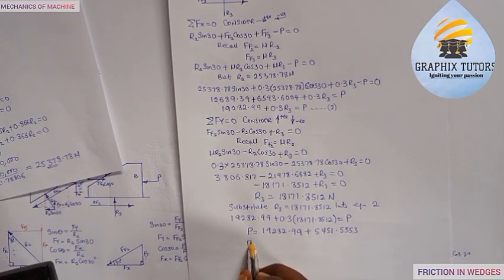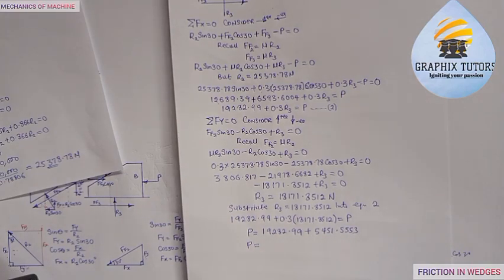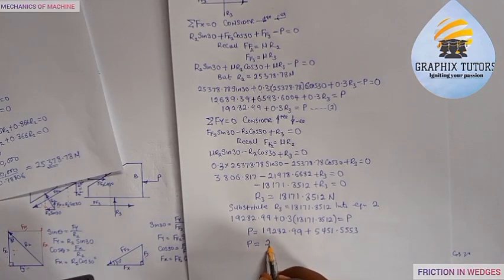So P will now be equals to plus 19282.99.